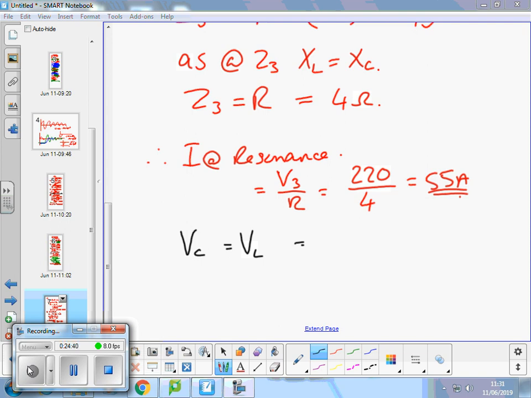Equals I at resonance times XL or XC, doesn't matter, at 3, equals 55 amps times 5.895 ohms equals 324.5 volts.